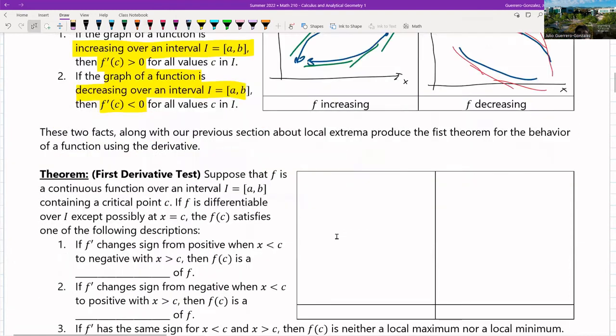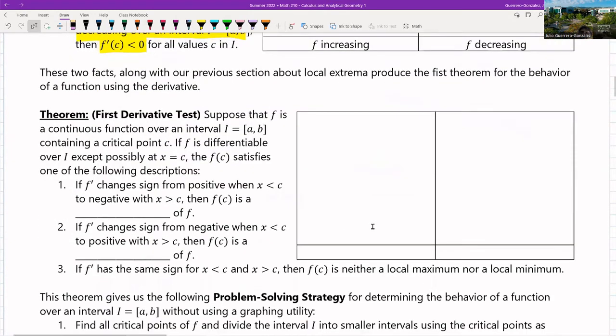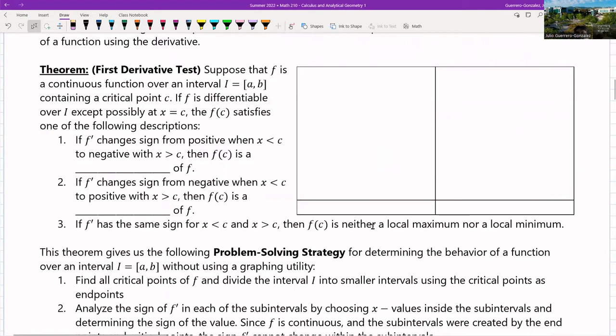That was a little bit of the concept behind it. Here's the actual first derivative test. Suppose you have a continuous function over an interval I equals AB containing a critical point C. If f of x is differentiable, then one of these three things holds.